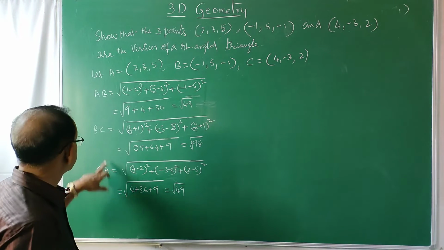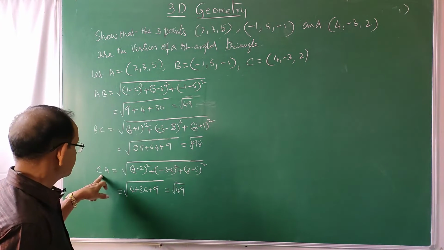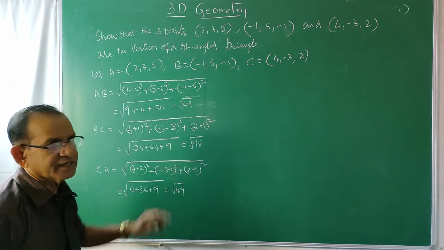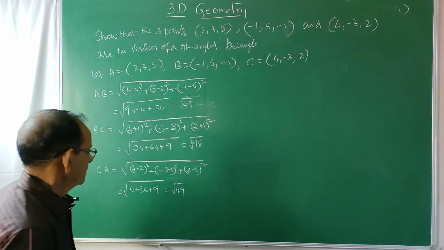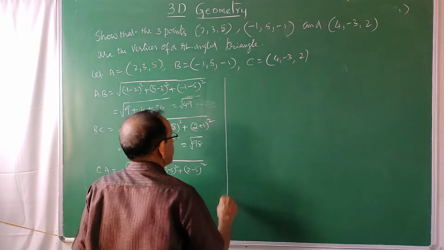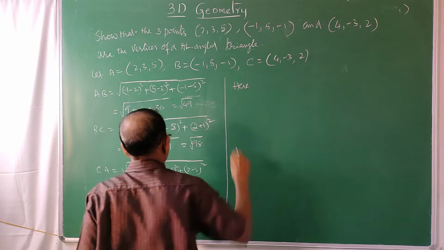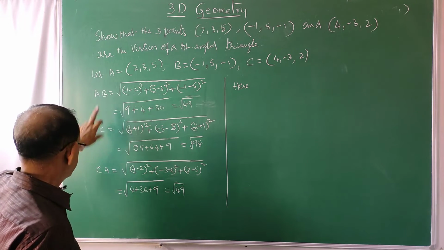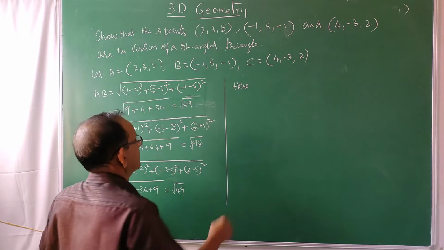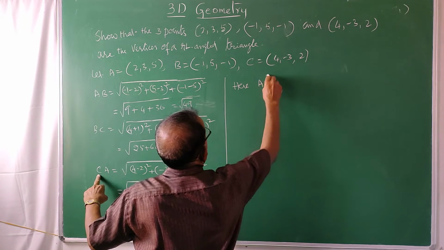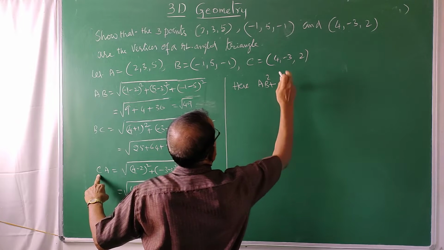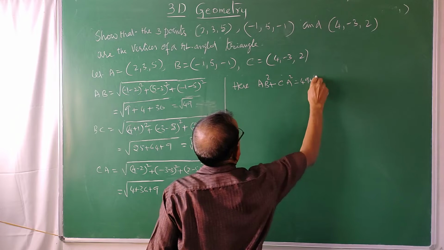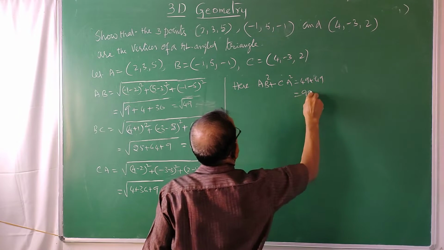Now if you add the square of the first one and the last one, the sum of the squares is 98, 49 plus 49 is 98. So here AB square plus CA square is equal to 49 plus 49, equal to 98.